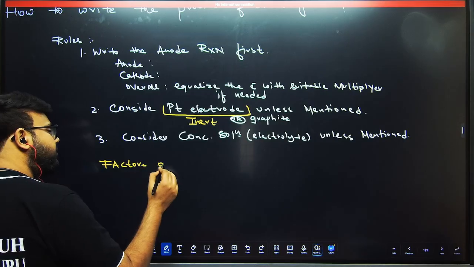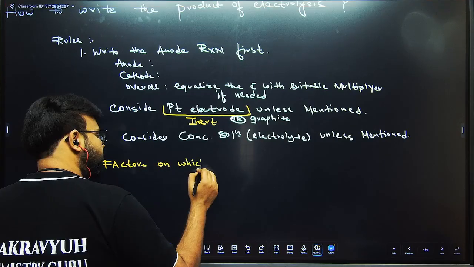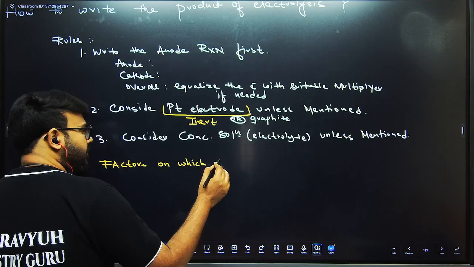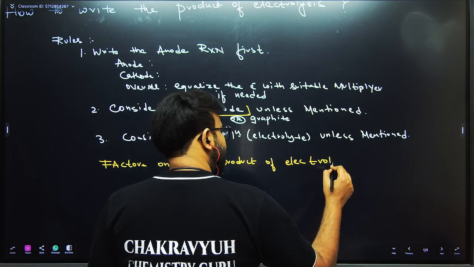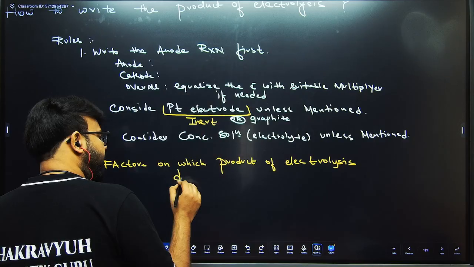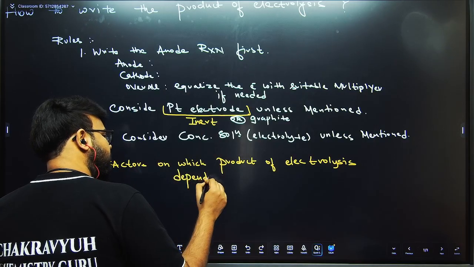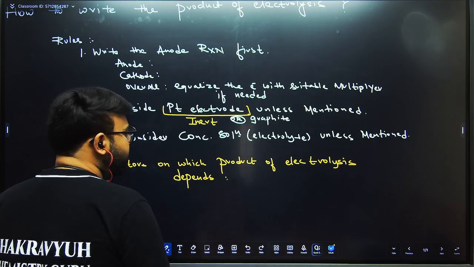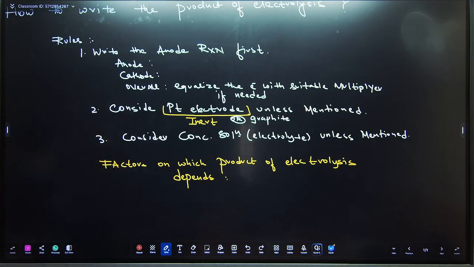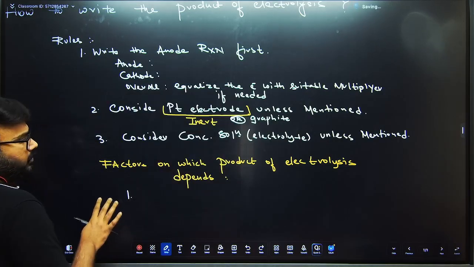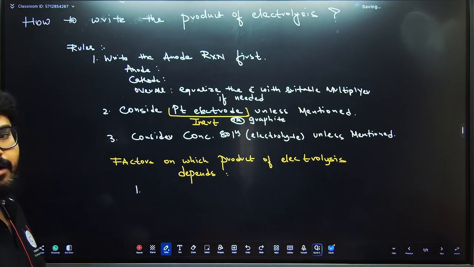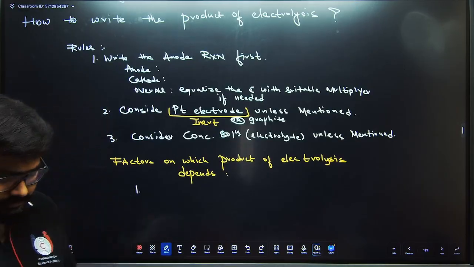Factors on which the product of electrolysis depends. Next, you have to learn what are the factors on which the product of electrolysis is going to depend. So, all of you write it down. Factors on which product of electrolysis will depend.